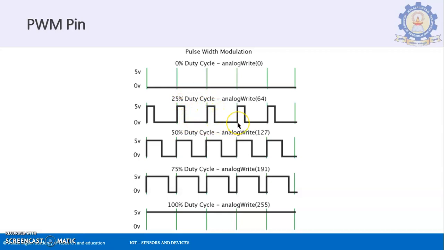When do we get that? When we give an analogWrite value of 64. When we gave an analogWrite value of 127, we saw in the previous slide that it is 50% duty cycle, which means 50% of the time the pulse is on and 50% of the time the pulse is off.